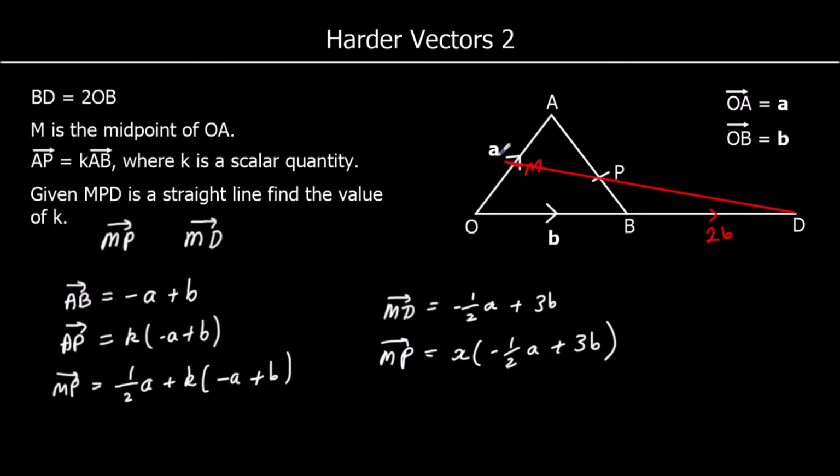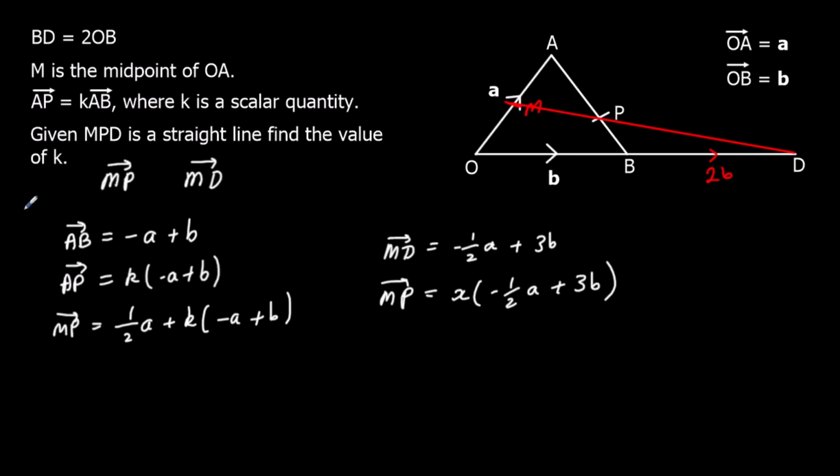M to D is M to P in the same direction, but multiplied by something. So now I've got M to P twice. I can either say it's this or it's this, and those two things must be equal.